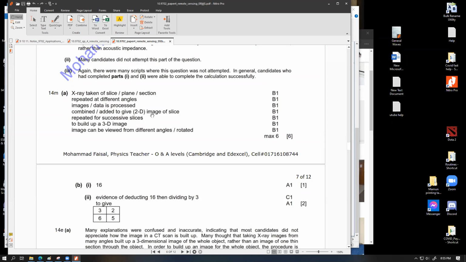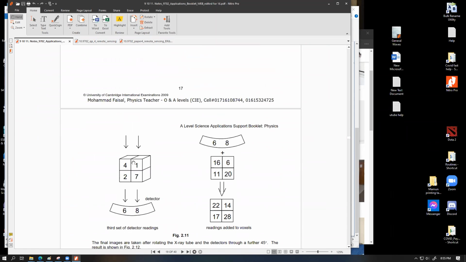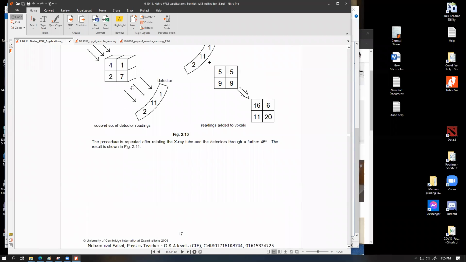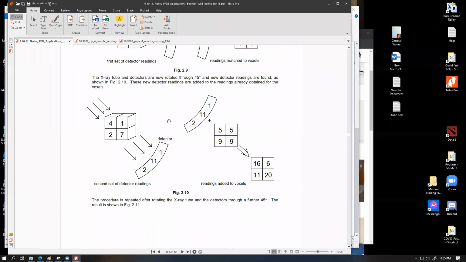Combined or added to give a 2D image of a slice. What does a 2D image of a slice mean? Whenever we are doing this scan, consider that this is a scan. This is a 3-dimensional object, but when we're scanning over here, these numbers are getting added together to get us this flat view of this linear section, 5, 9. Whenever we're doing this one, these 2 numbers are getting added to give us a diagonal view of 1, 11, and 2.